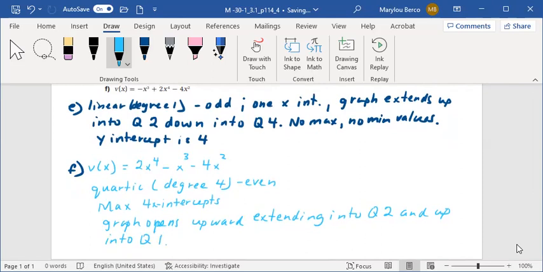It has a minimum value and the y-intercept is 0. Okay, that's all of question 4.